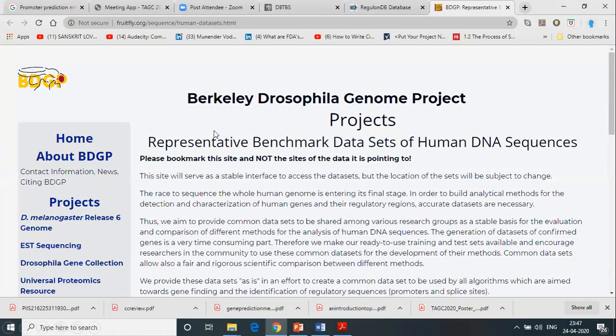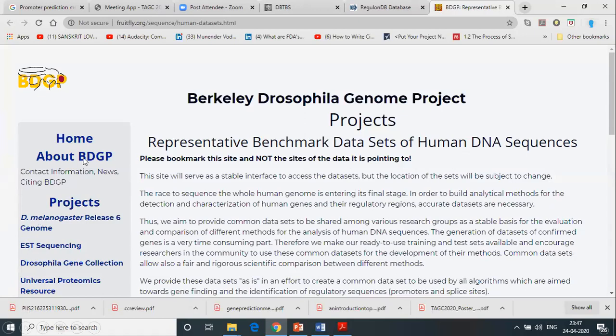One more important database for model organisms is the Berkeley Drosophila Genome Project. This is also representative of data sets for human DNA sequences. You can compare with the human given promoter and splice site. You can also look into EST sequencing and the Drosophila genome here.